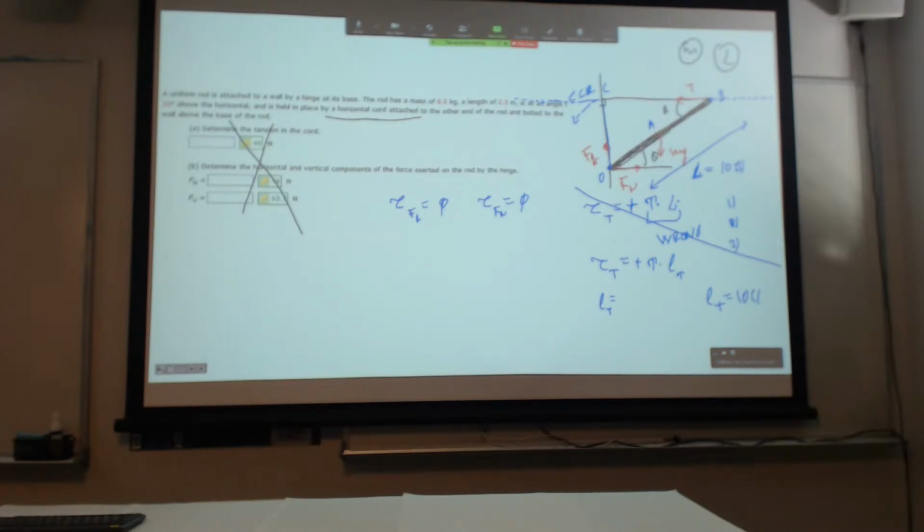You would do sine of 33 equals x over 2.3. Well, sine of theta equals, I don't know what x is. Oh, sorry, lever arm. Lever arm over the whole length L.